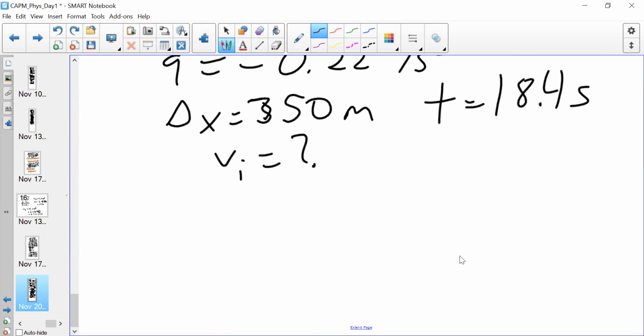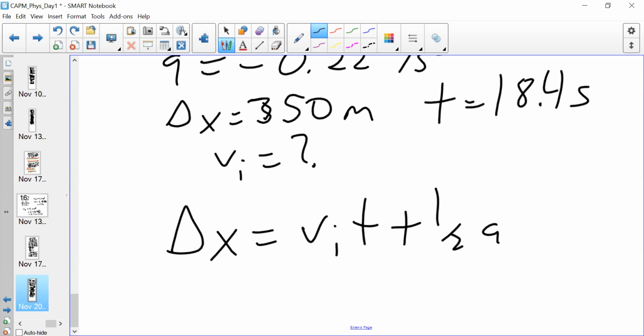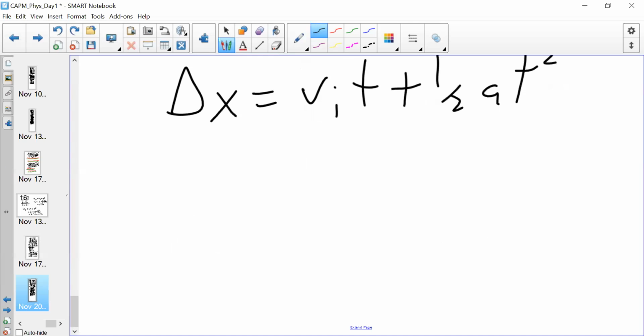So we have a total displacement to the west of 350. That's going to be important too, because that's a negative number too, negative 350. So let us be careful on that as well. Okay, so delta x equals VI t plus a half a t squared. Now this delta x is final minus initial, because any deltas are final minus initial.